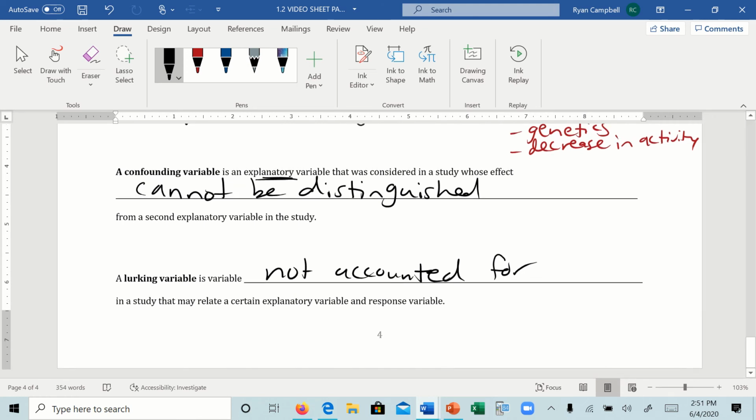So both of these are called confoundings. The confounding variable is one that cannot be separated.